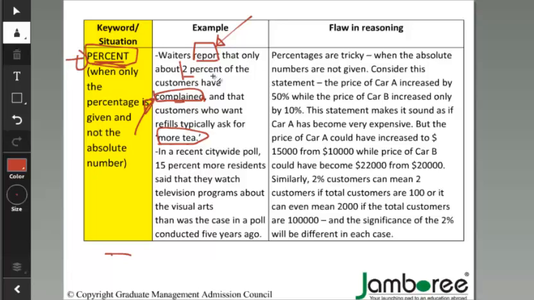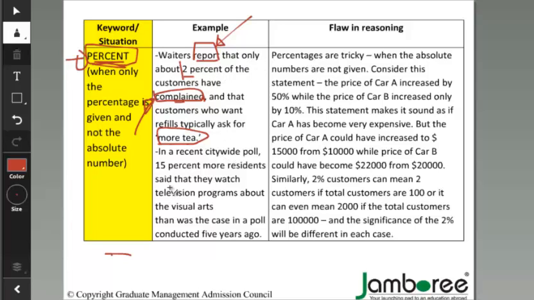Versus if it is 1,000 or 100 customers per day, then 2 is fine. So you just need to ask yourself how many people are complaining. And with percent, we don't have the absolute number, right?